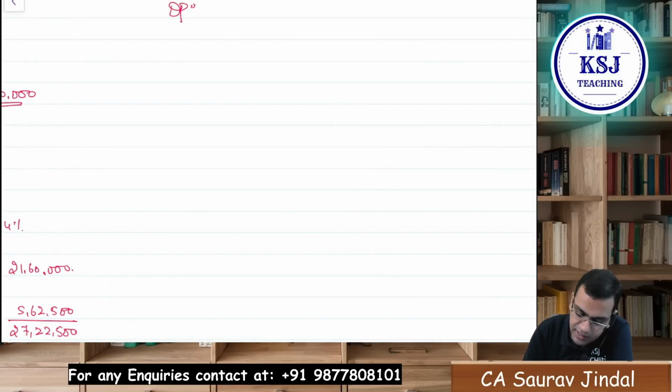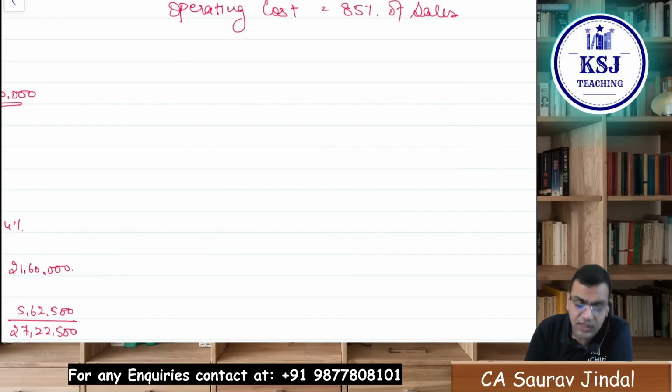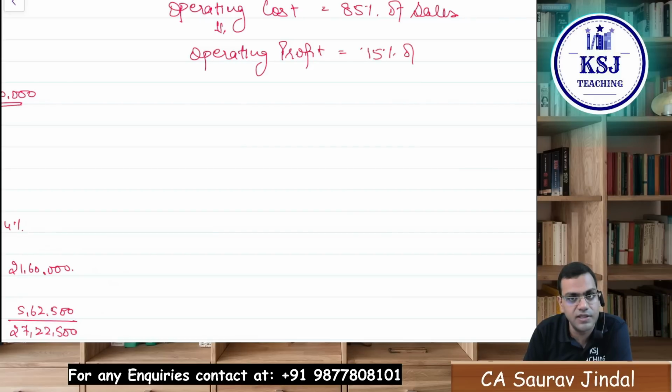Can I say that my operating cost is equal to 85% of sales? Yes, sir. If my operating cost is 85%, can you tell me what will be my operating profit from here? Sir, if the cost is 85%, my profit will be 15% of sales, isn't it?